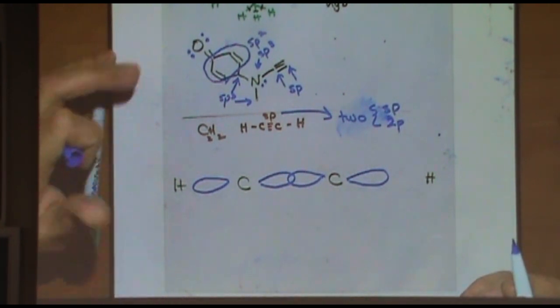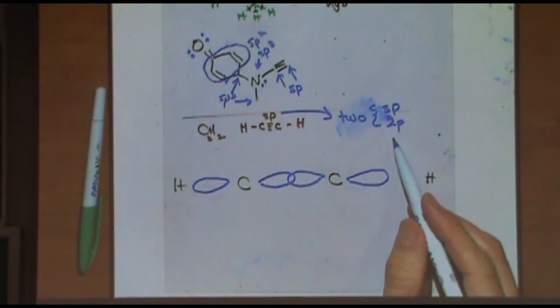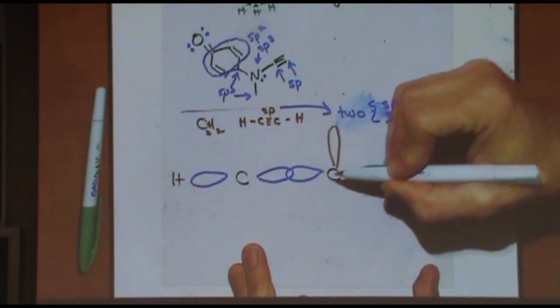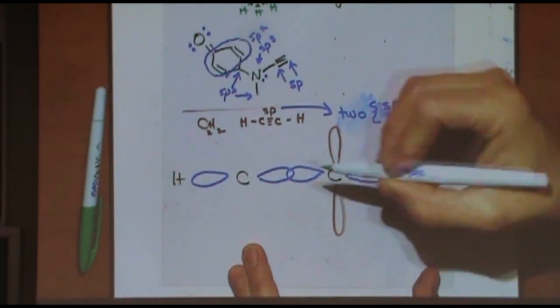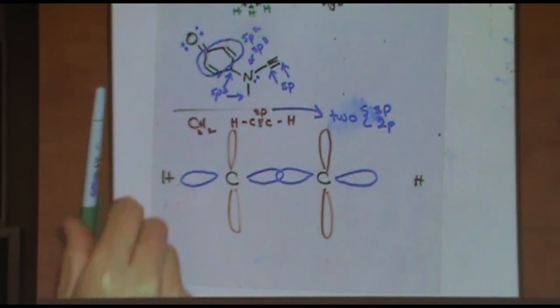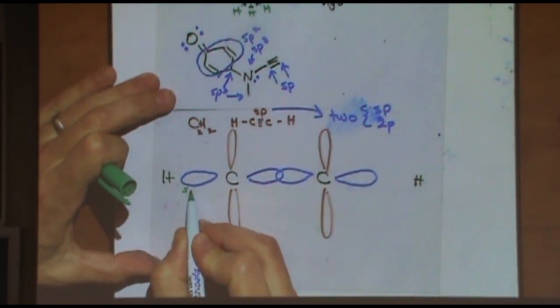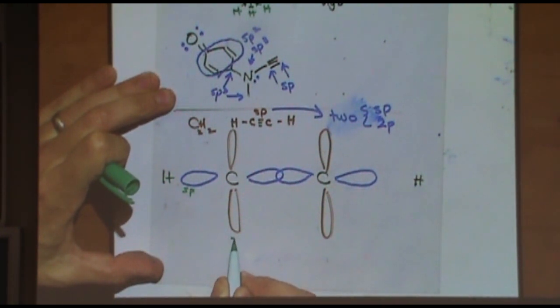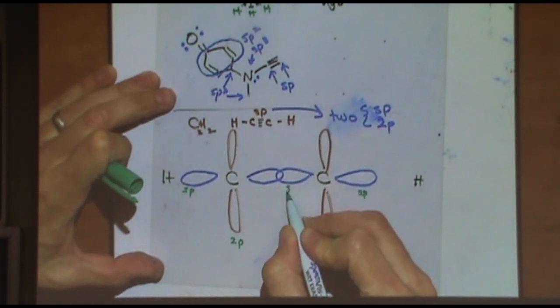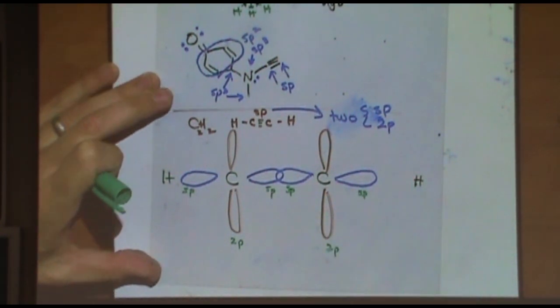Okay? Each carbon will both have 2p unhybridized orbitals, and they're both orthogonal to what you see right now. So they're in the Cartesian coordinate system. You'd have one kind of vertical like this for each. Now let's label these just so we don't lose track. This was an sp. This is a 2p. 2p. sp. sp. sp.